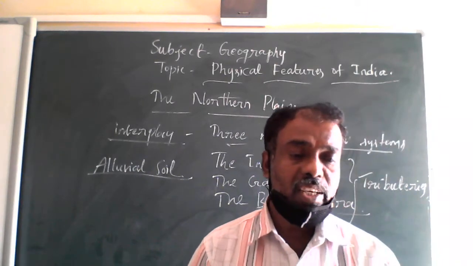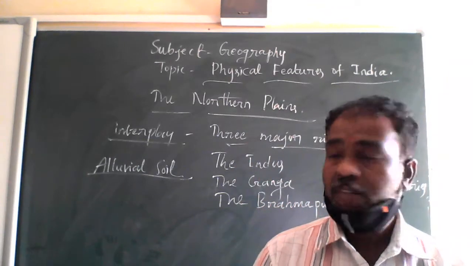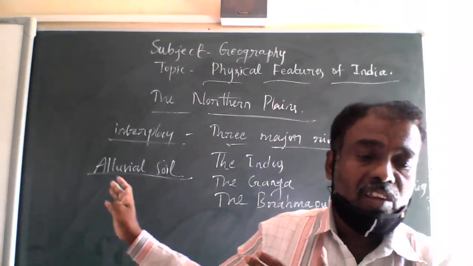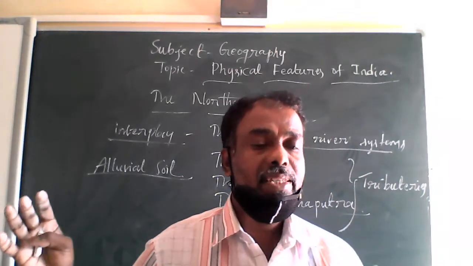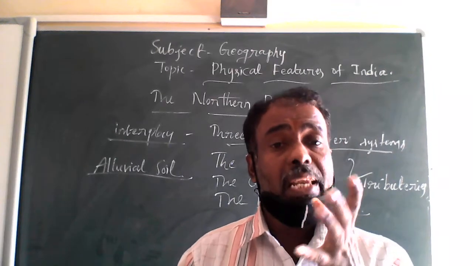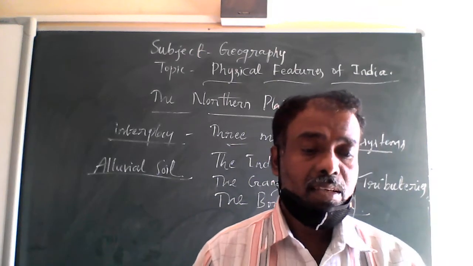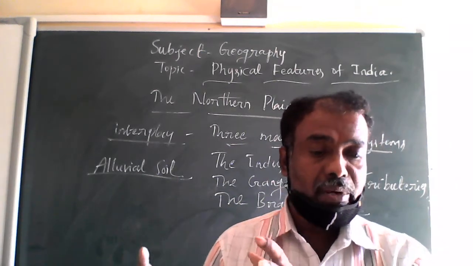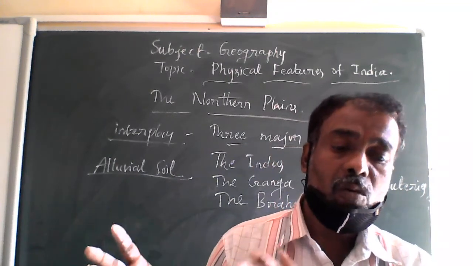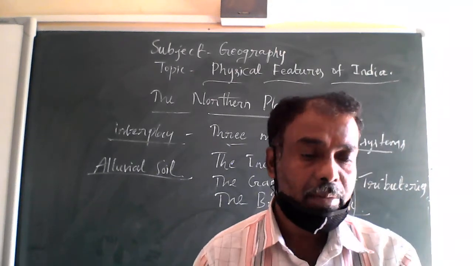This plain is formed of alluvial soil, the deposition of alluvium in a vast basin lying at the foothills of the Himalayas over millions of years. It is this process over millions of years that formed this fertile plain.